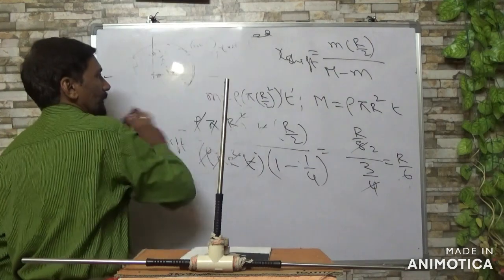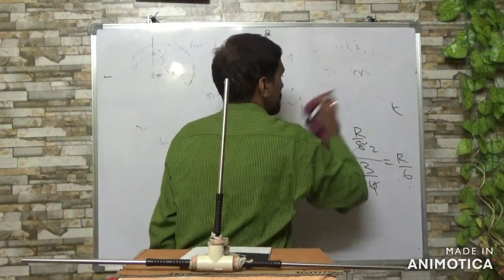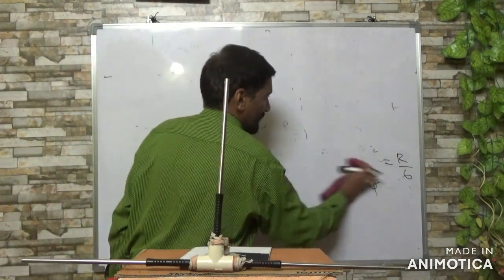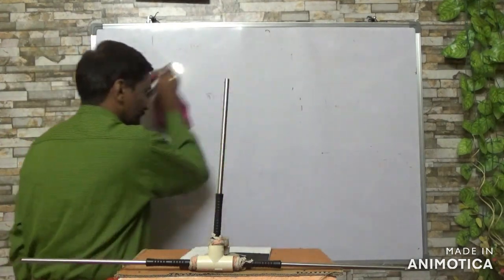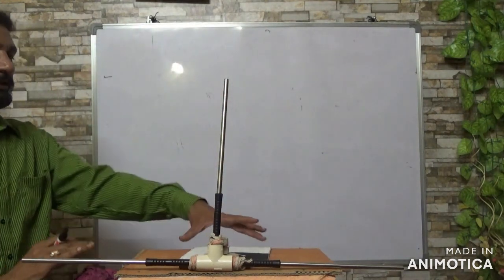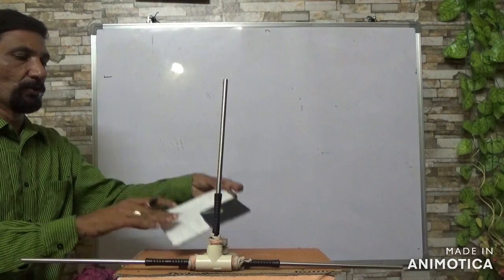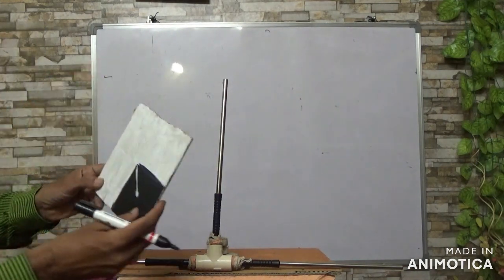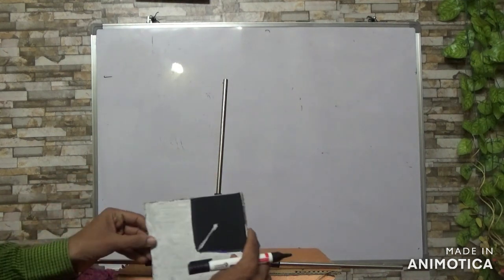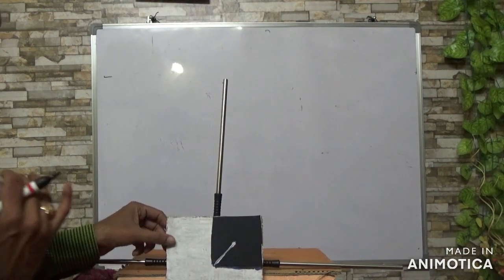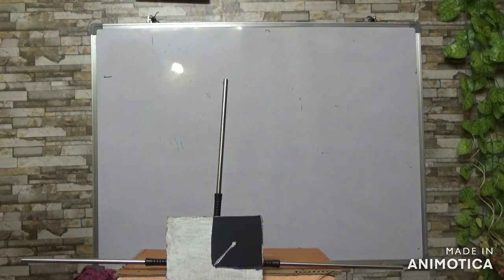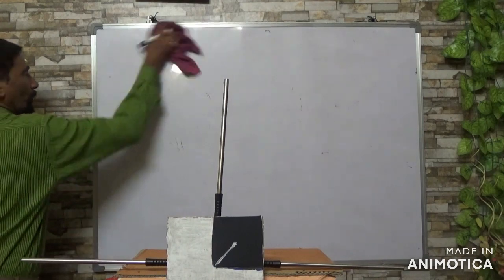First we take the square plate and place it with its center at the origin. So the center of the square plate coincides with the origin.